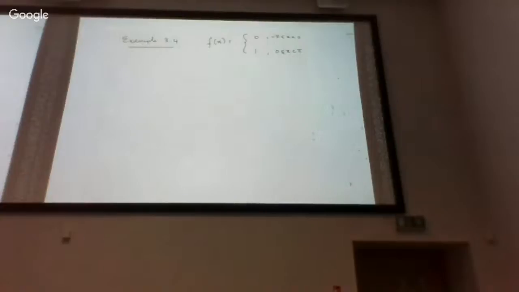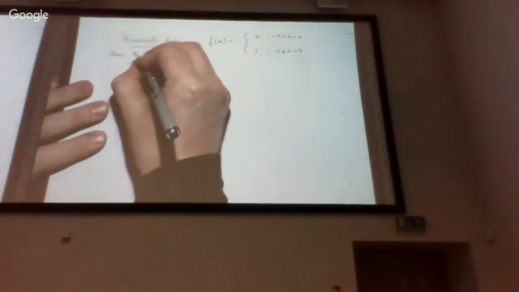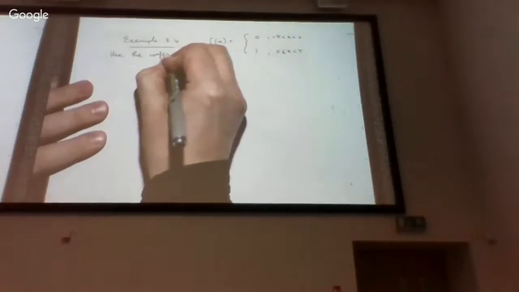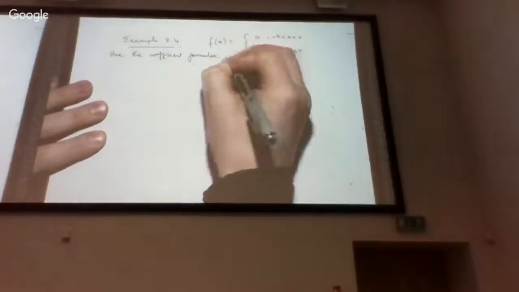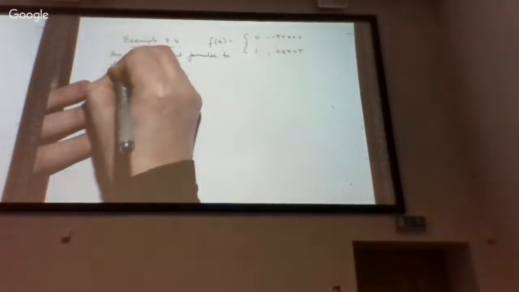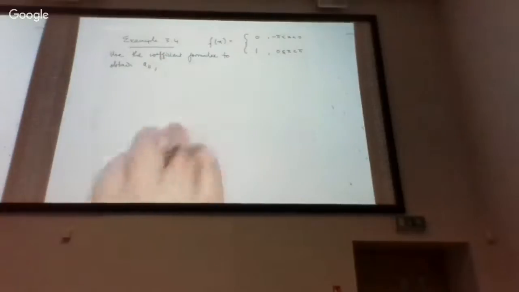Okay, so we want to use the coefficient formulae to obtain the constant coefficient A0, or twice the constant coefficient. The constant coefficient appears as half A0 in the Fourier series.